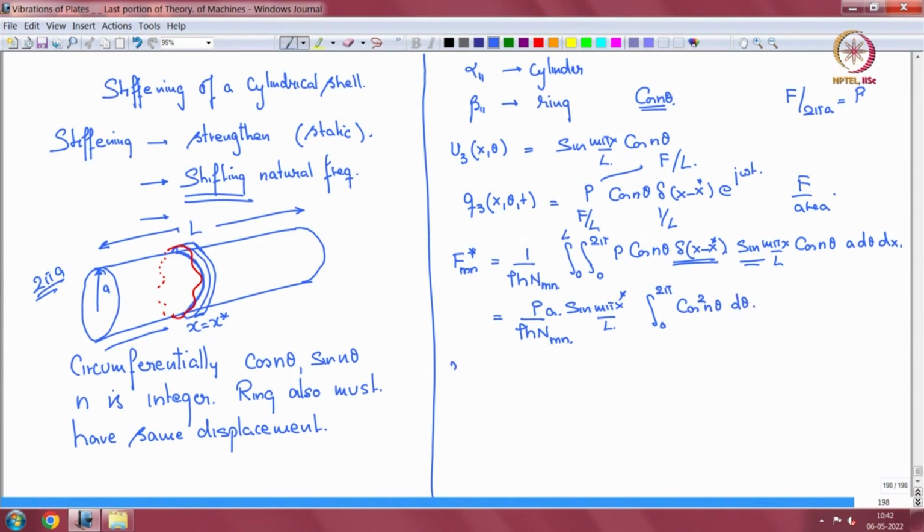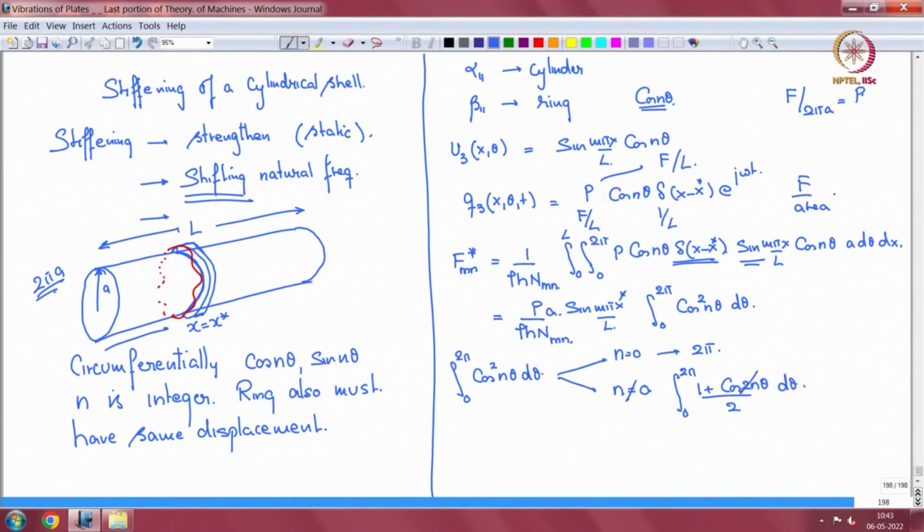So, let us look at integral 0 to twice pi cos square n theta d theta. For n equal to 0, this gives me twice pi. For n not equal to 0, I get integral 0 to twice pi 1 plus cos 2n theta by 2 d theta.